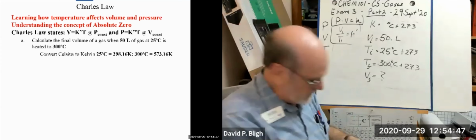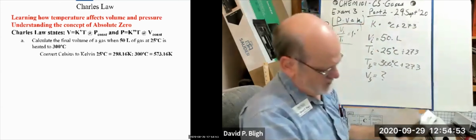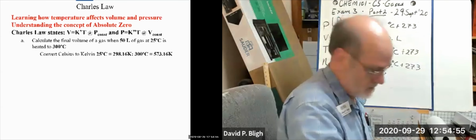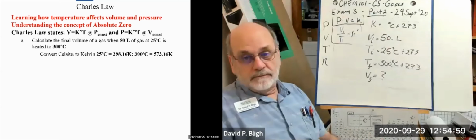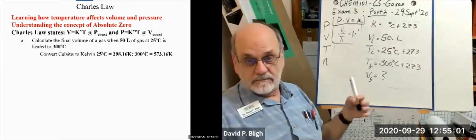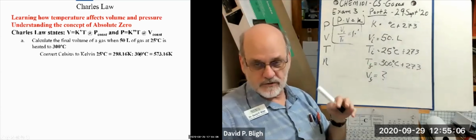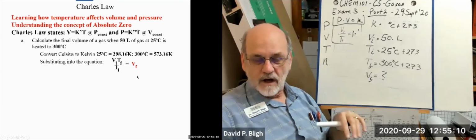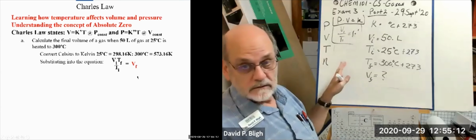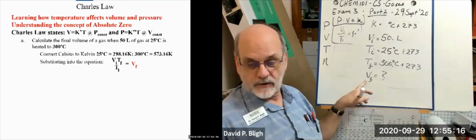I want to let that one rest for a minute. Okay, so now that we've got everything set up, and here we've changed our temperatures to Kelvin, then we rearrange the formula so it has final volume as the answer.